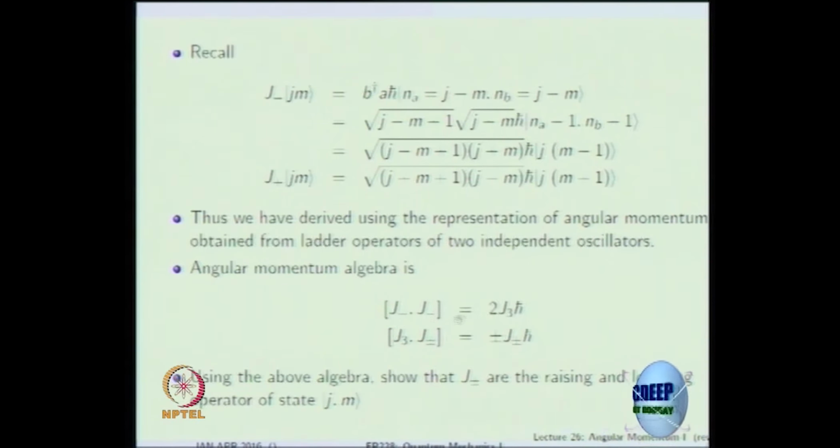J plus, J minus is twice J3 h cross, and with J3 the two ladder operators, the raising operator in the angular momentum context which has an upper cutoff, can't go indefinitely, and minus is the lowering operator. This has to have plus or minus J, plus or minus times h cross. So, this is what we call the angular momentum algebra.